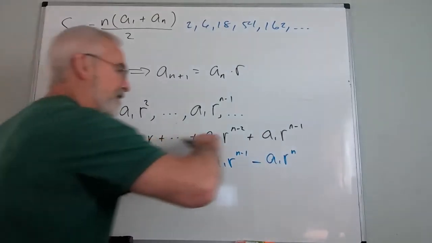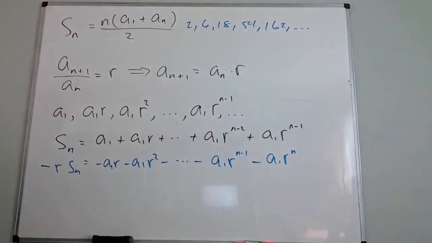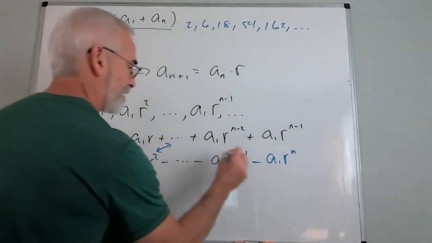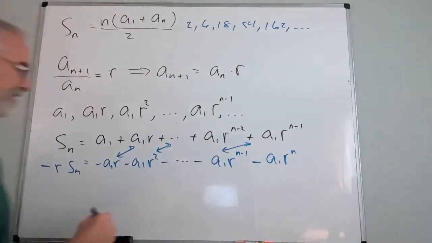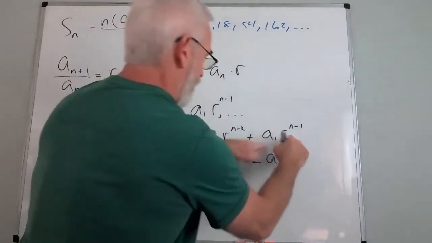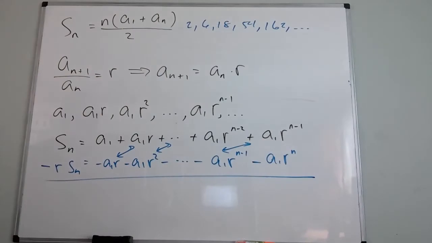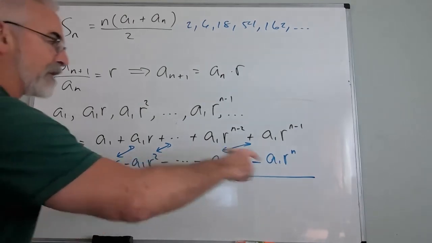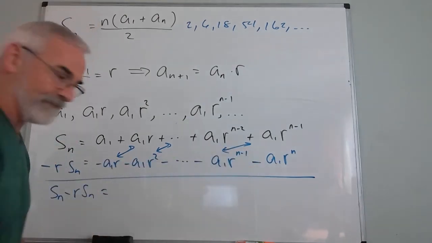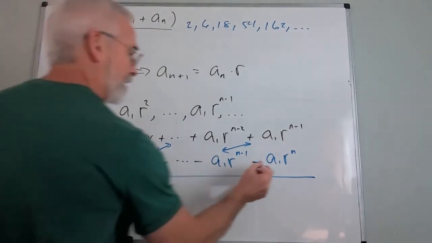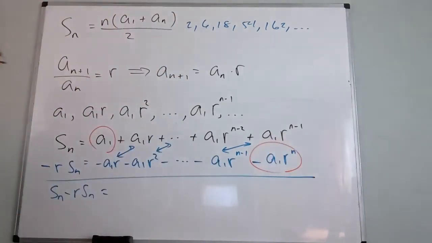I'm going to take every one of these terms and multiply it by negative R. And then what you notice is that all the way down the line, if I add these up, on the left side I have Sn minus R Sn, and on the right side, every single term will cancel except this one and this one.